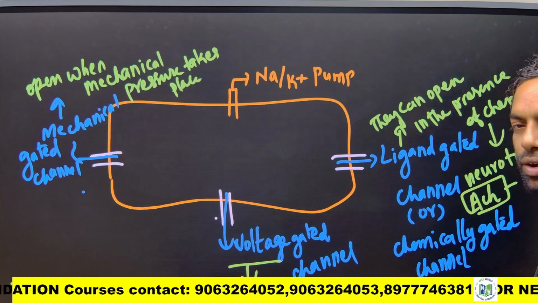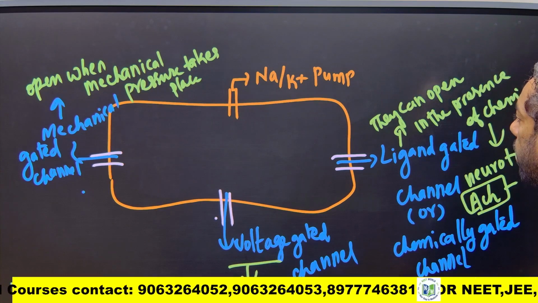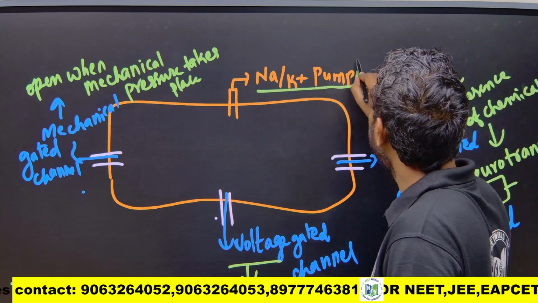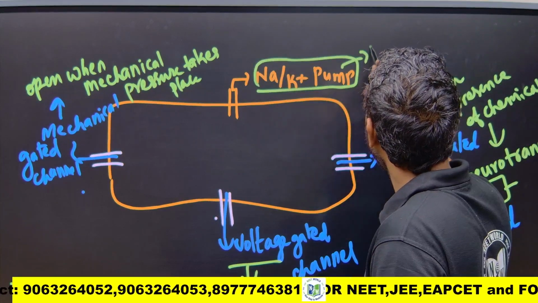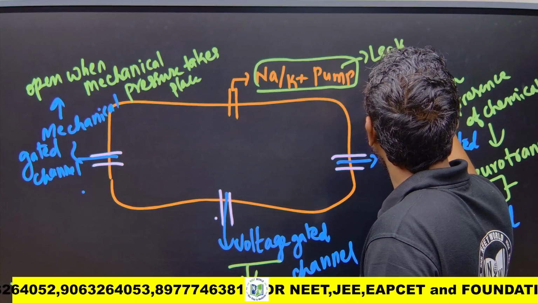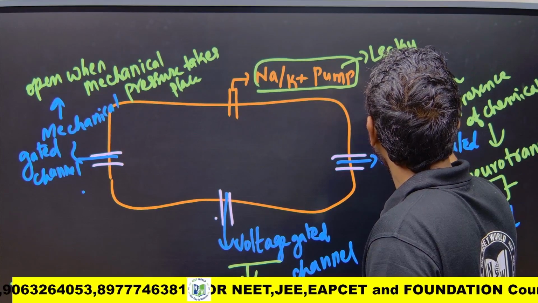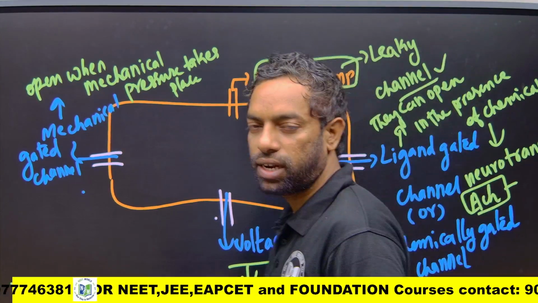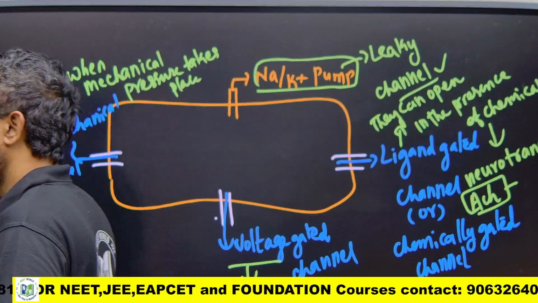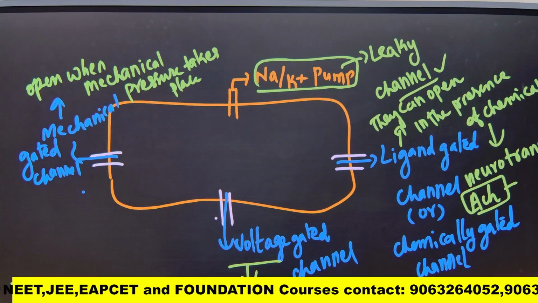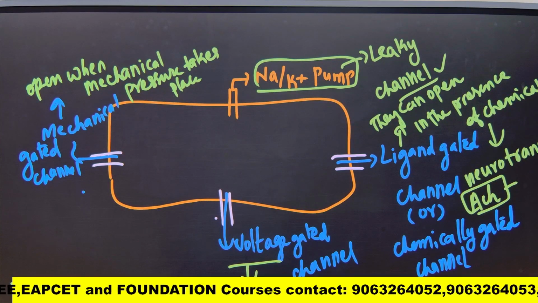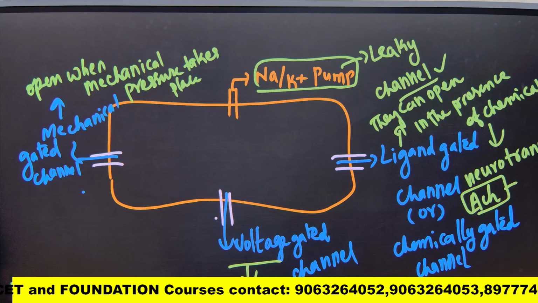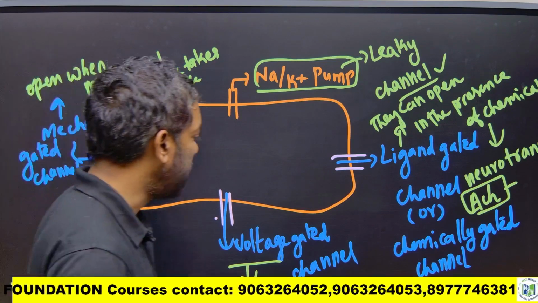ACh is the neurotransmitter, acetylcholine. Sodium potassium leaky channels are the leaky channels. These are the channels around the axonal membrane, involved in nerve conduction and impulses. I hope you understood this.